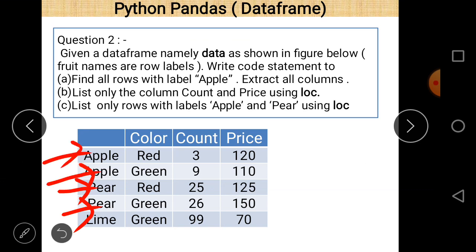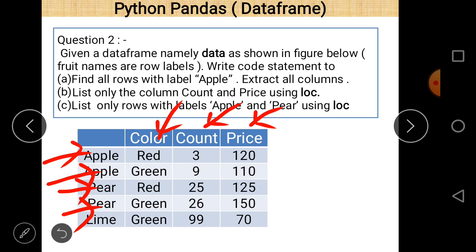So actually 4 rows will be selected. List only rows with labels apple and pear using loc, and no column is mentioned here, so all columns will be selected. It means that color, count and price will be selected.